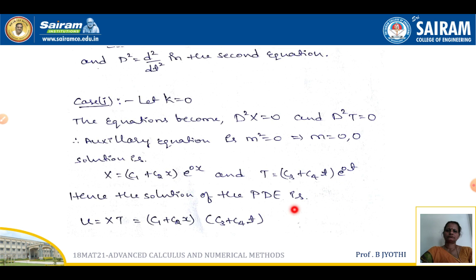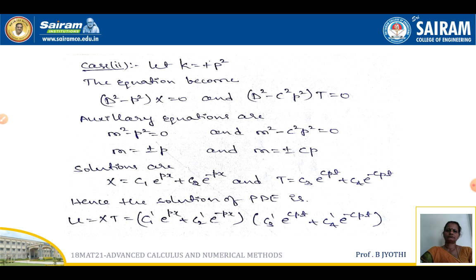Hence the solution of the PDE is given by u = XT, that is (c1 + c2 x)(c3 + c4 t). So we are getting both X as well as T, and when we multiply these, we get the solution.